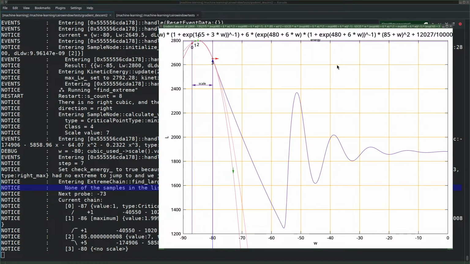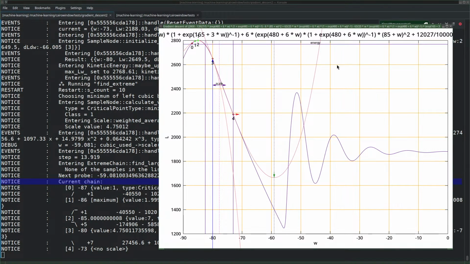And it's not working. It looks like this point here, the derivative of this point, is still influenced by the sigmoid.